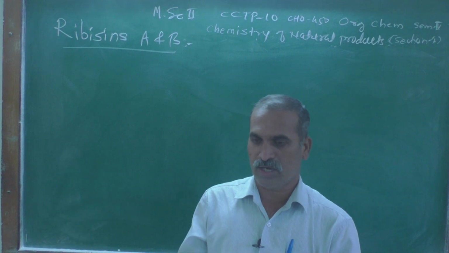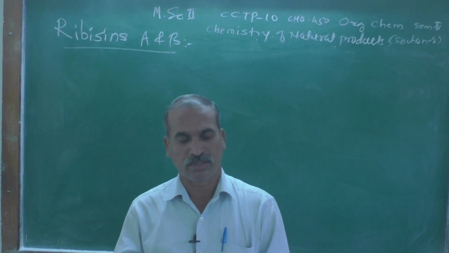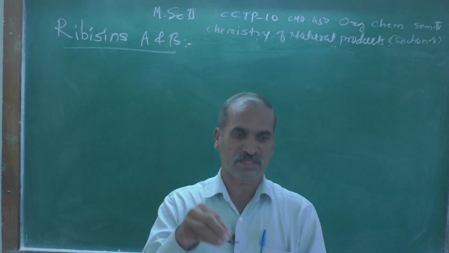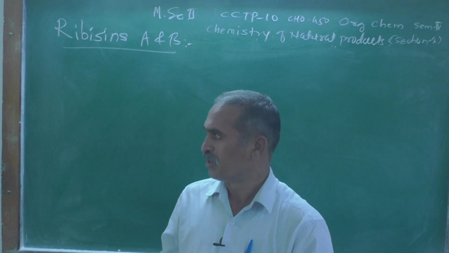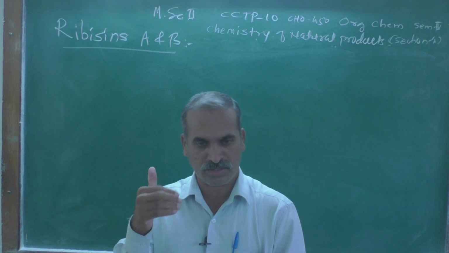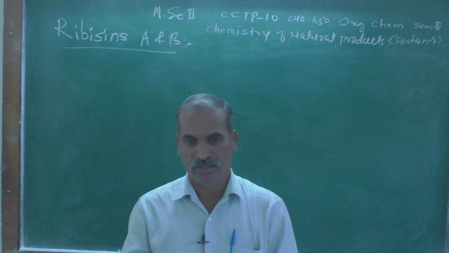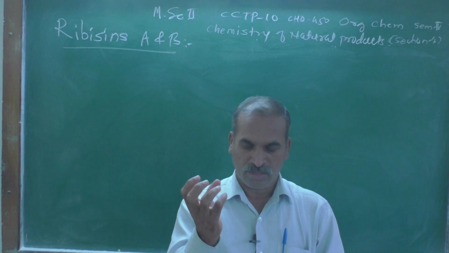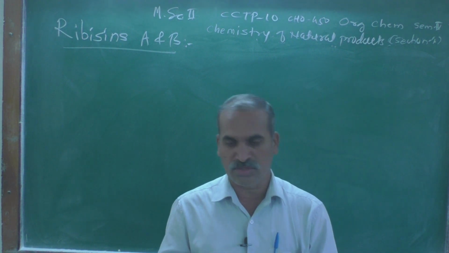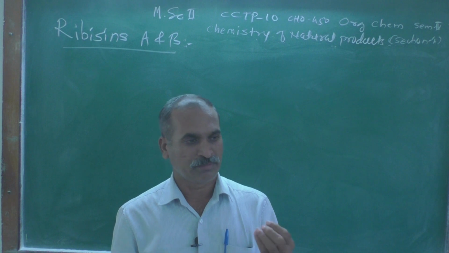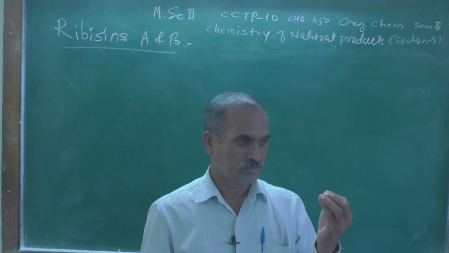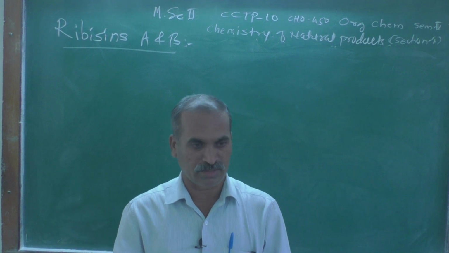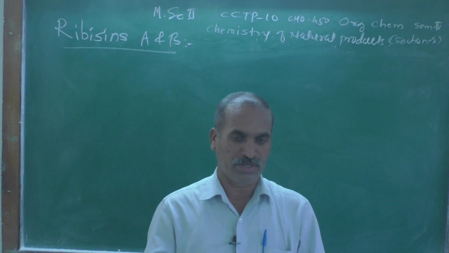Yesterday I think we discussed Hirsutolone B: how to synthesize it, what its important characteristics are, its retrosynthetic analysis, and how it is actually synthesized in the laboratory by using the proper reagents and maintaining the reaction conditions.